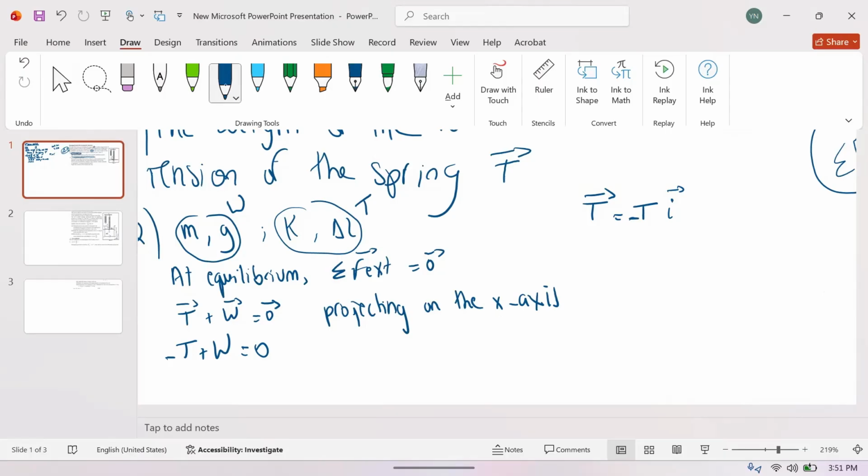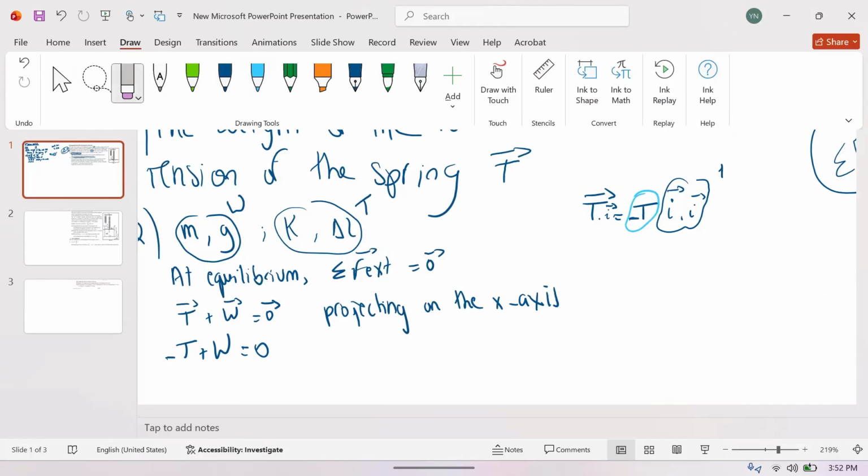When I say project the forces on the x-axis, that means find the dot product of the force with the unit vector that represents the x-axis. And when you multiply the same unit vector by itself, you get a magnitude equal to 1. This is why we remove the vectors and only keep the magnitude with the sign.